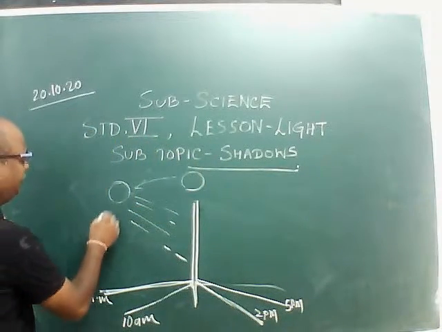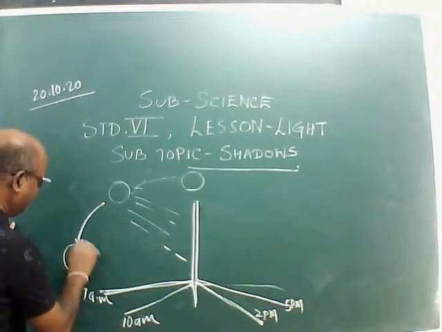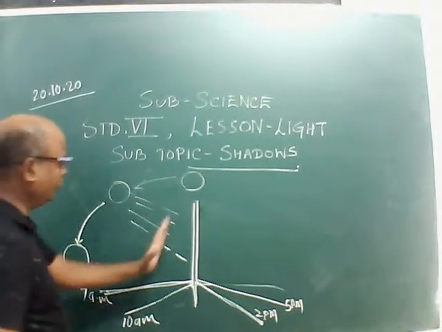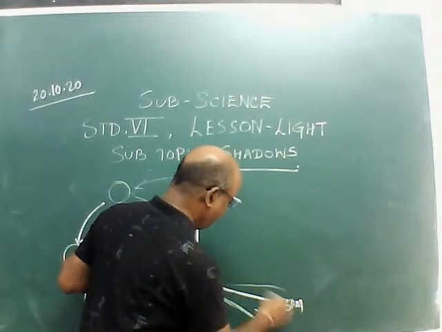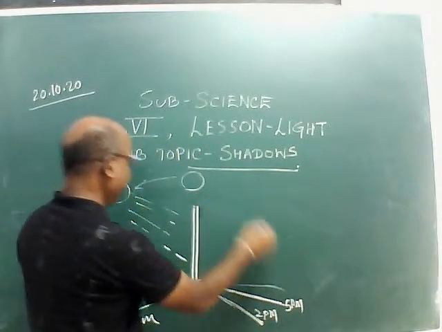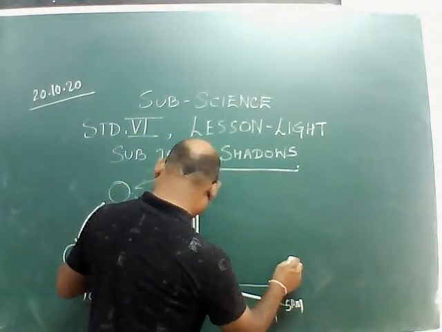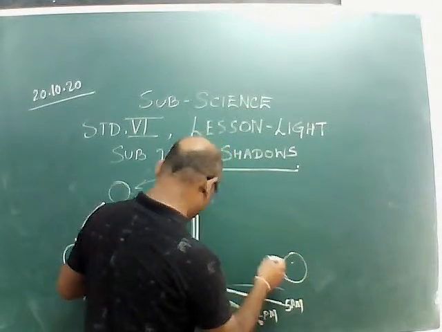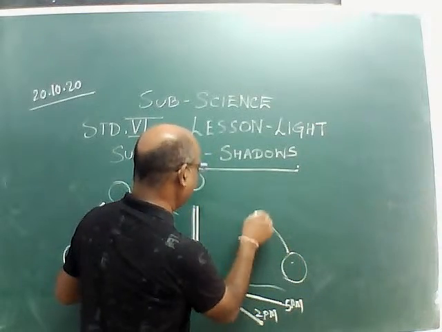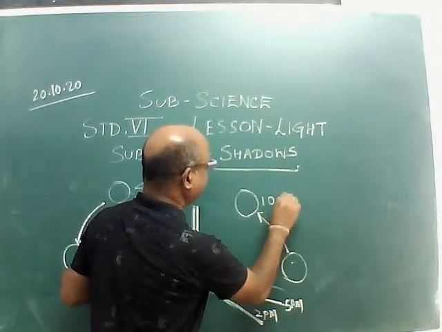Then at 5 p.m., it will be somewhere here, so it will block this and form the shadow here. Then here in the morning we will find 7 a.m. and 10 a.m.